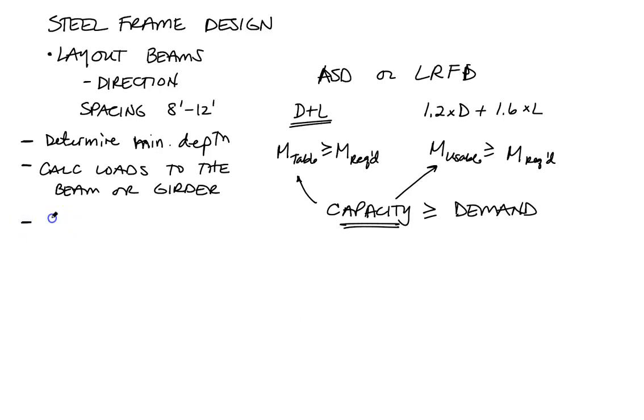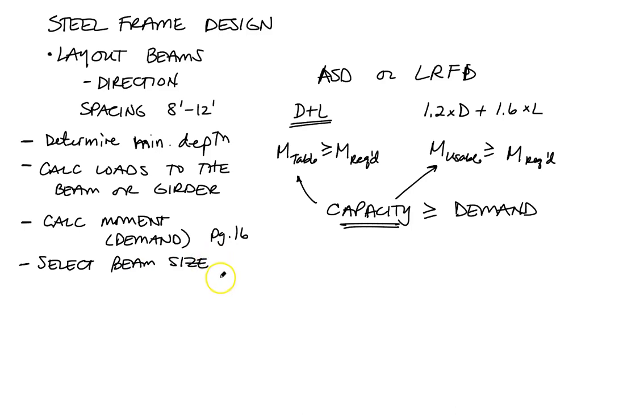All right, we'll use those calculated loads to then calculate the moment, the demand. Right, the demand comes from the loads. That's the page 16 that we were just looking at. And then we'll select the beam size.